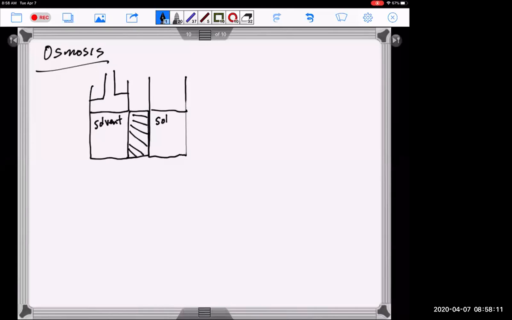Now, many of you who worked with osmotic pressure go, I didn't have any pistons, but so this here is a semi-permeable membrane. It's probably the only time in my life I've ever said semi-permeable membrane. And it is in the context of osmosis.